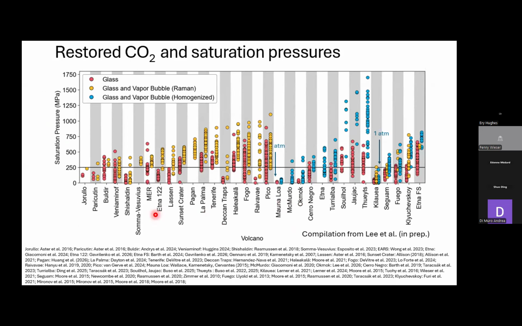We can see that after the reconstruction, this really allows us to compare our melt inclusion record to the geophysical constraints, and the reconstructed CO2 would also improve our estimate of the CO2 fluxes of different volcanoes.